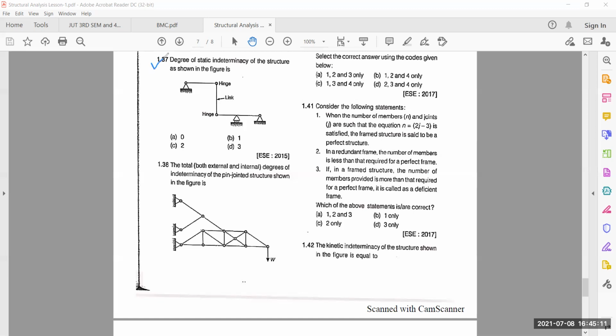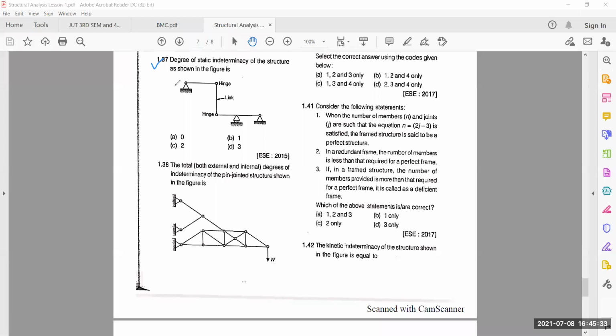Degree of static indeterminacy of the structure shown below. You have to find DS of this beam. You have a link, a hinge, and a roller, and at both ends of this beam you have a hinge. Solve this question 1.37. What is the right answer?